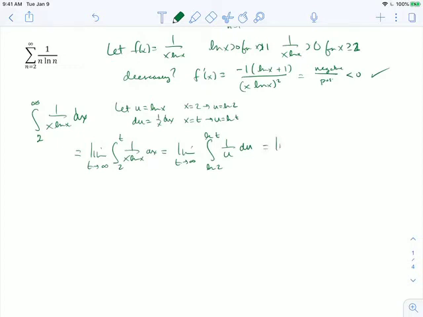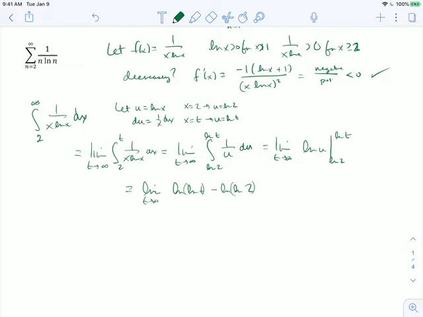And so integrating that, we get natural log of u, evaluated between natural log of 2 and natural log of t. And so I get limit as t goes to infinity of natural log of the natural log of t minus the natural log of the natural log of 2.